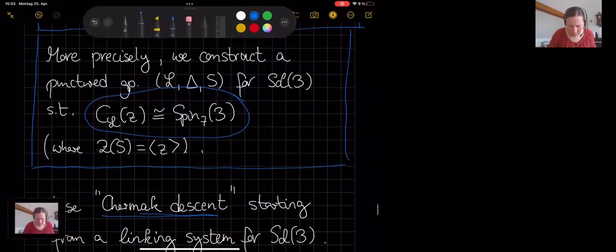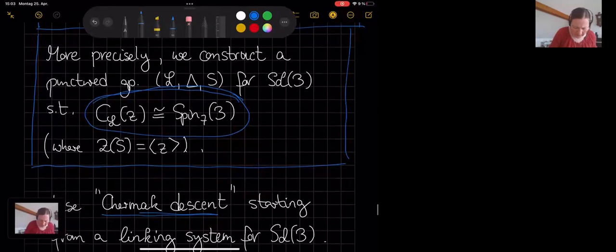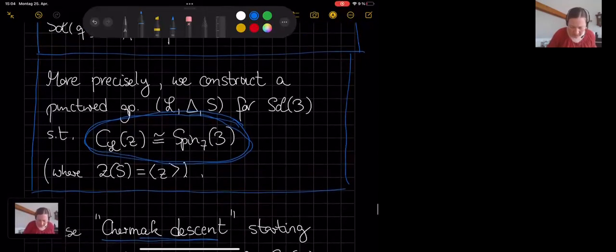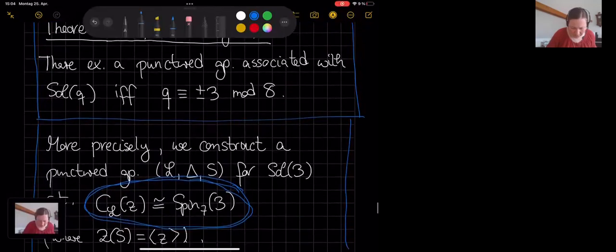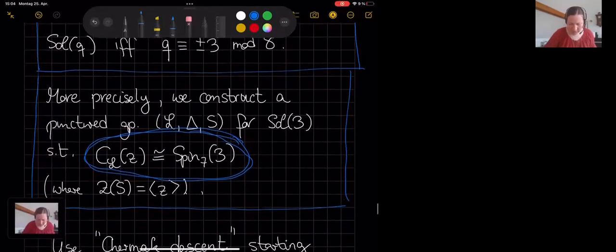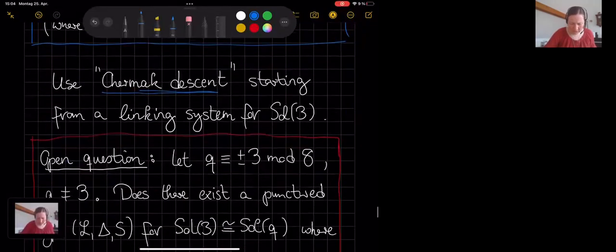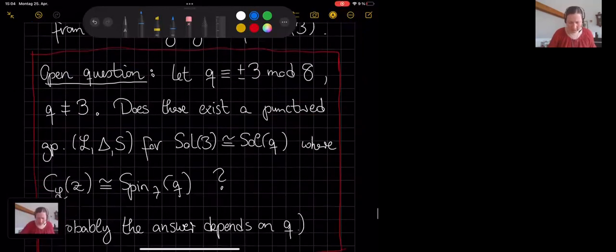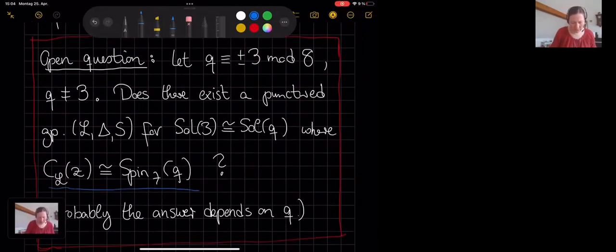So what's interesting is we get here Spin7(3) as a centralizer. But of course, it's also Sol Q for some other Qs. So a question which so far we have not answered is whether we could also get a punctured group where the centralizer is Spin7(Q) for some different Q. The honest truth is at some point we just couldn't be bothered anymore to spend more time on that.